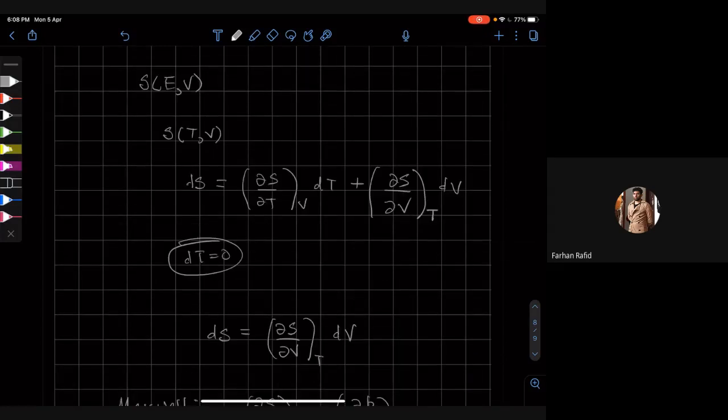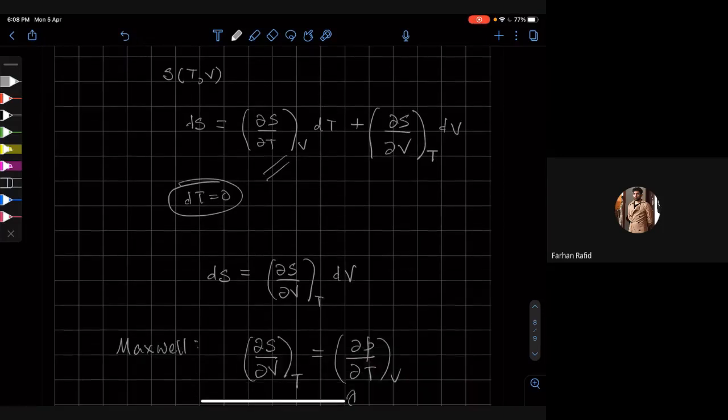Because it's not an isothermal expansion, this term is no longer going to be 0. Okay? So how do we deal with this? So we have to just convert this into something that involves P, right? So how do we do this?